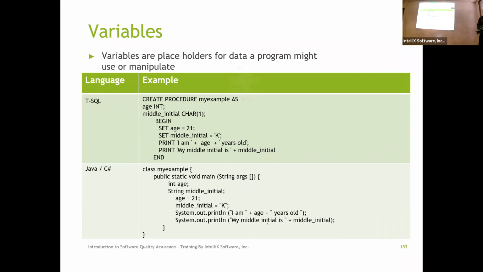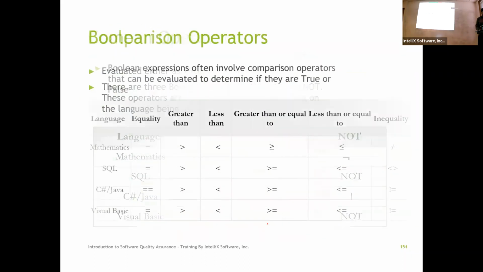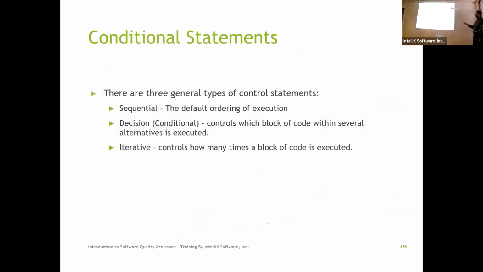One simplest way to think about it is that all of my control is going to be sequential. In this case, I'm going to execute the first line, then the second line, and then the third line. It's in the same sequence. I'm not going to skip anything at all.